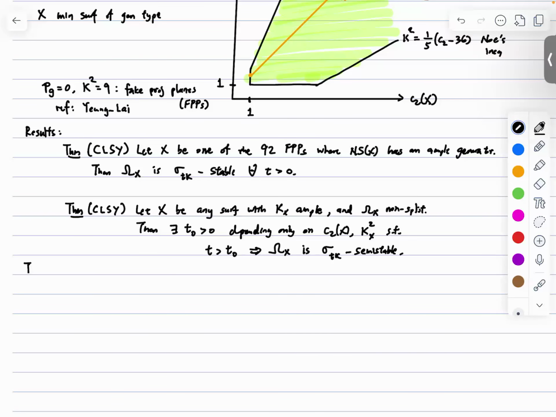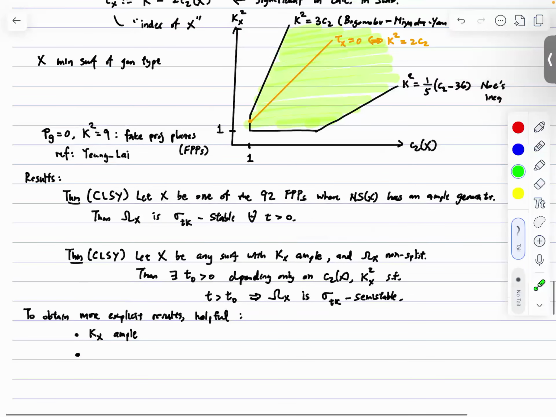To obtain more explicit results, we found that it would be very helpful if our surface has the following properties. We want the canonical class to be ample.